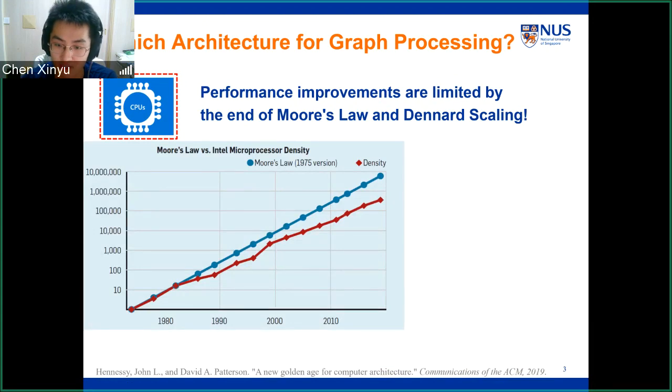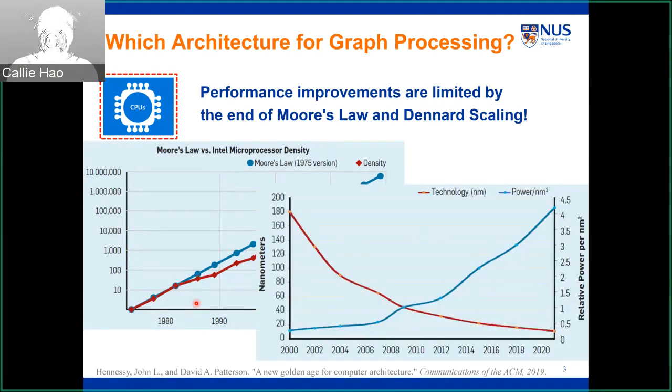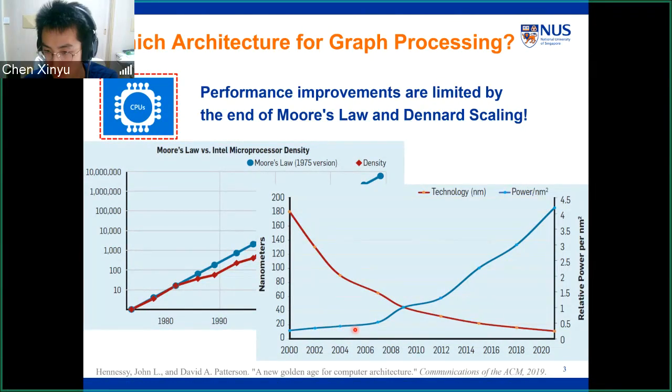Basically, it shows Moore's law scaling against the real transistor density over time. As you can see from this figure, the gap is getting larger and larger, which indicates the end of Moore's law. In the second figure, we can see that with more advanced technology, as you can see from this red line, the power is not constant anymore.